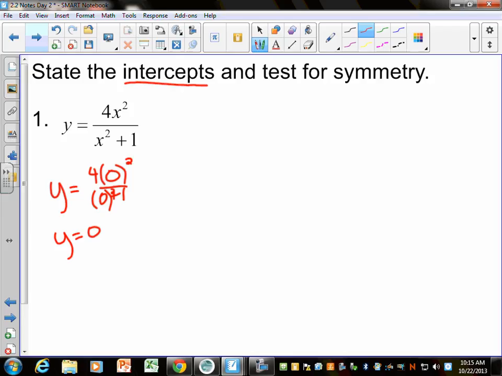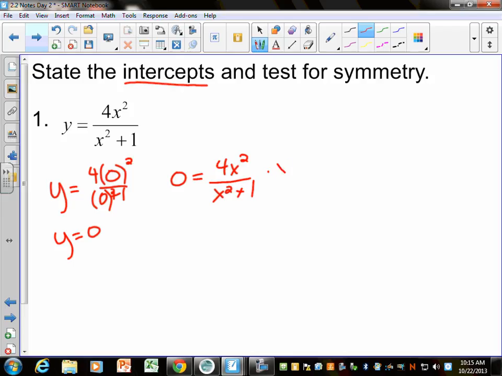If I plug in 0 for y, I get 0 equals 4x squared over x squared plus 1. How do I solve that? Put 0 in for x, you would get 0. It really works out like that because there's nothing at the top. But when you see a fraction like this and you're trying to solve it equal to 0, technically speaking, could we multiply both sides by x squared plus 1?